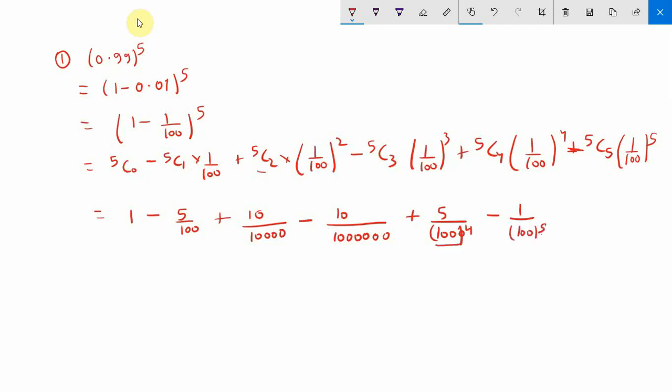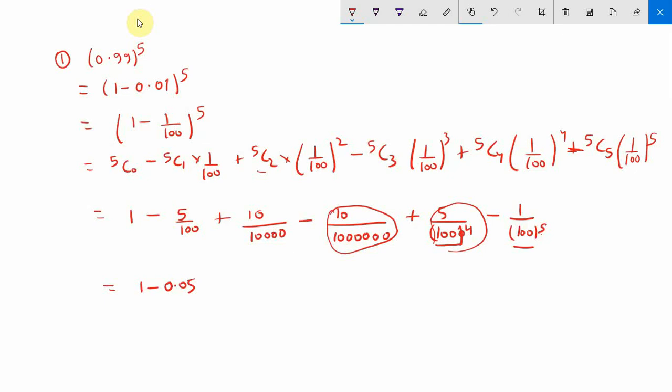See, if we see the ratio, these last two terms will be very small and we can ignore them. So it is equal to 1 minus 0.05. Even this term will be very small, we can ignore it also.